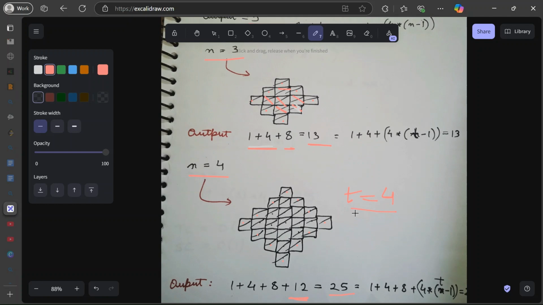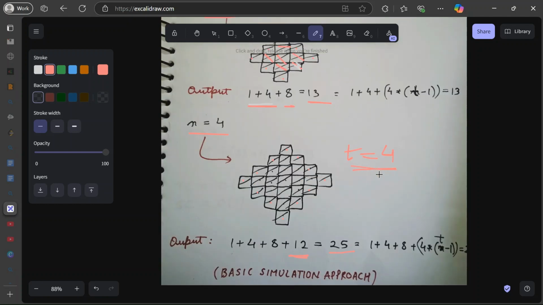So I will only convert this into a formula which I'm doing. For t equals to 4, I have this already pre-existed, and this I can calculate as 12 equals to 4 into t minus 1. The formula. T is 4 here, so 4 into 3 I would get 12.